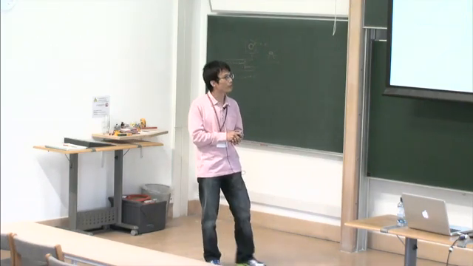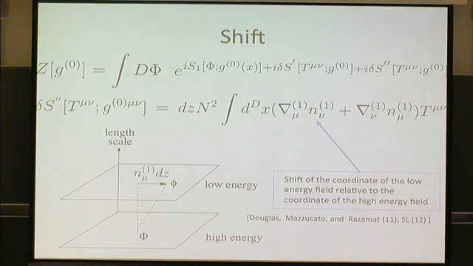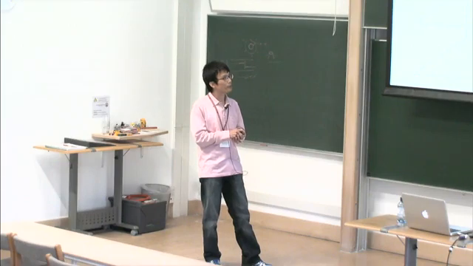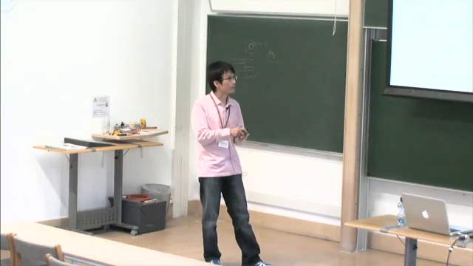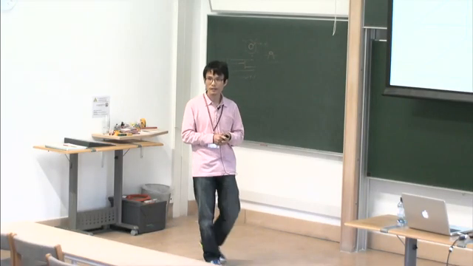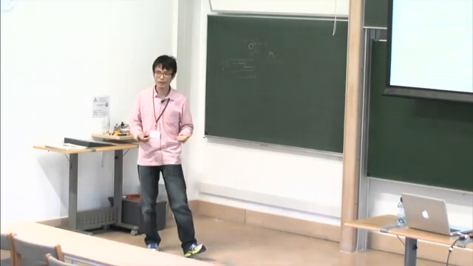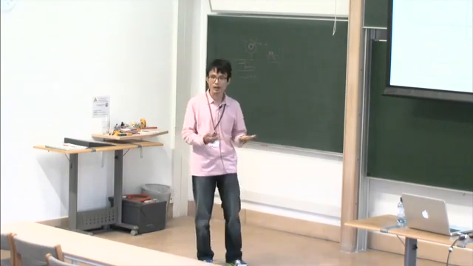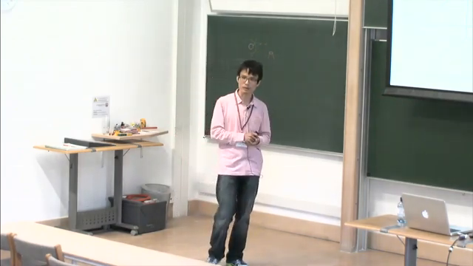So we can choose to assign a different coordinate to the low energy mode compared to the high energy mode by shifting the coordinate by some infinitesimal amount. So this n1 mu is the shift of the high energy mode in the first step of RG along the mu direction. This is purely my gauge choice, my choice of coordinate.